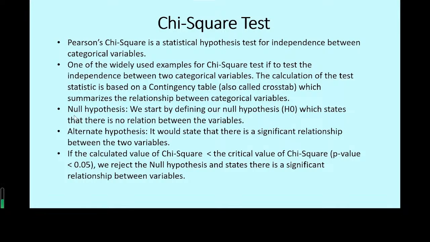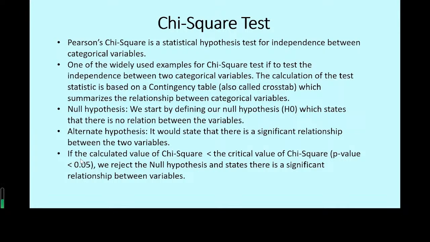First we define a null hypothesis, which states that there is no relation between the variables. There is another hypothesis called the alternative hypothesis, which states that there is a significant relationship between the two variables.